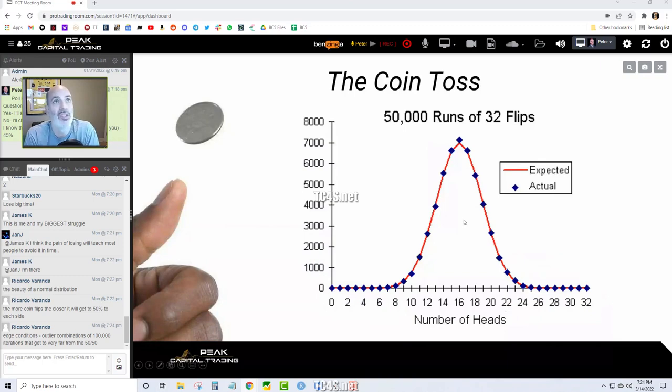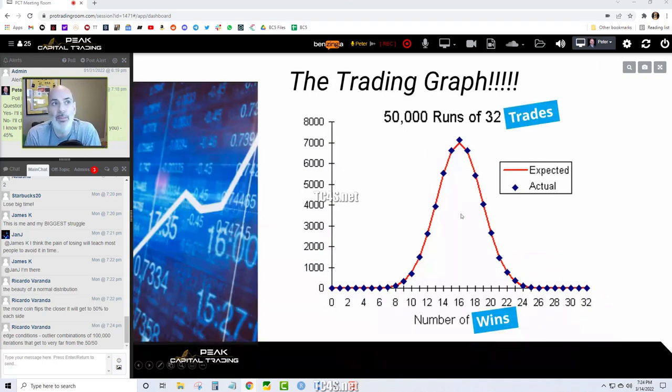Well, let me start translating this. Let's take out the coin flips and put it in trades. This means when you take a certain number of trades, while you may have a strategy that wins 50% of the time, it is possible, it's even plausible and statistically expected, you could win all 32 of them.